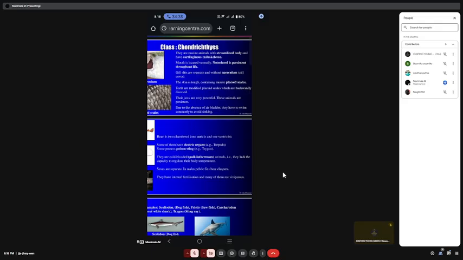And the next one, the jaw is very powerful. The intestine has a spiral valve. Five to seven pairs of gill slits are present for respiration. And the air bladder is absent here, hence they have to swim constantly to avoid sinking.